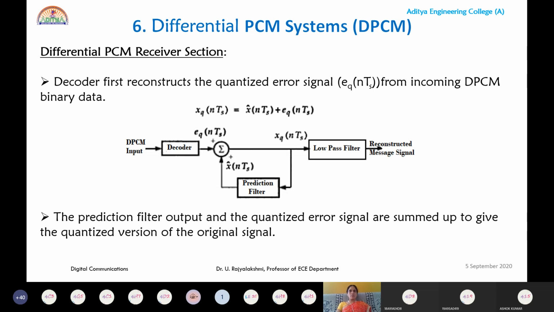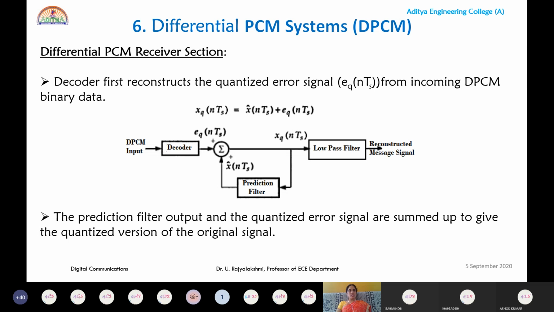In this DPCM receiver, we have a decoder. So what will this decoder do? The decoder reconstructs the quantized version of the error signal, that is eq of nTs. The decoder generates the quantized error signal eq of nTs from the incoming binary data.